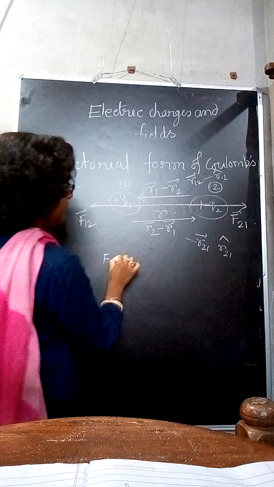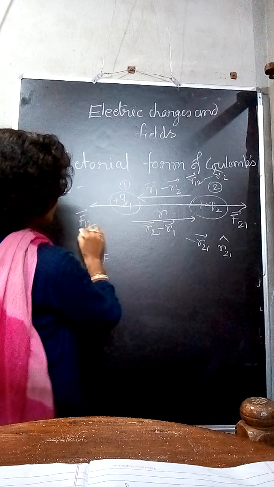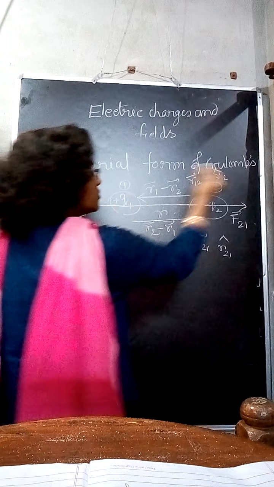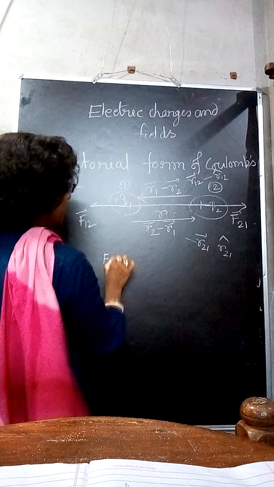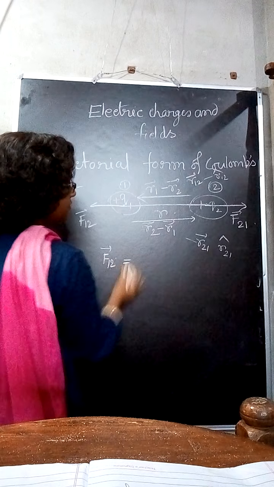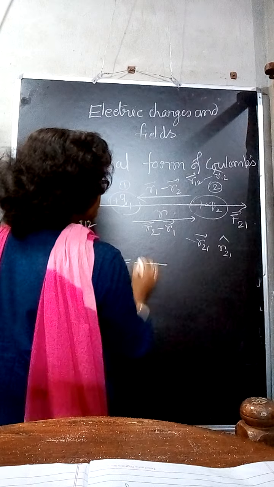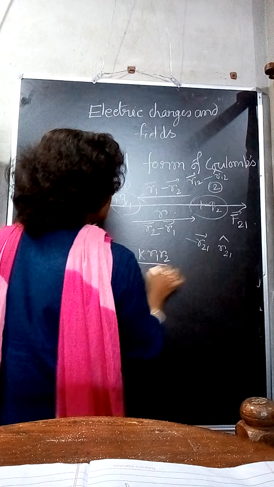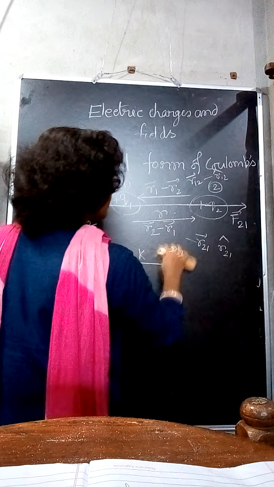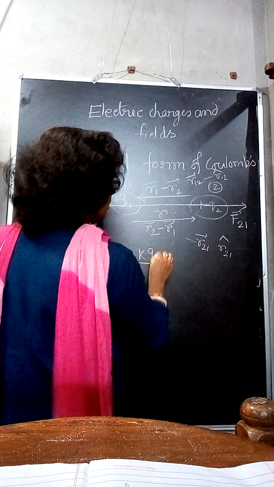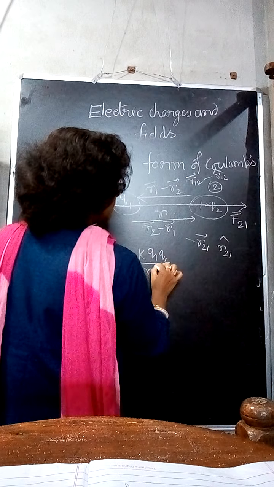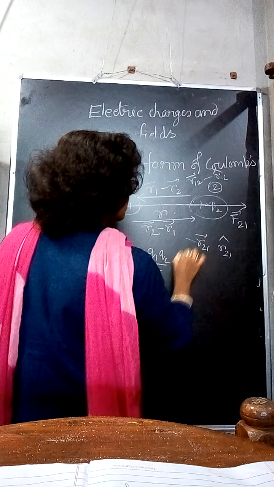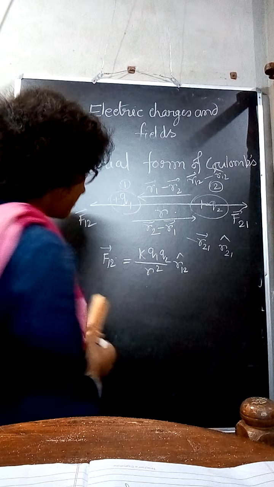So the vectorial form can be expressed using the unit vector. F12, that is the force on point charge body 1 due to charge body 2, its vectorial form will be K Q1 Q2 by R square, and the unit vector in that direction will be R12 cap.